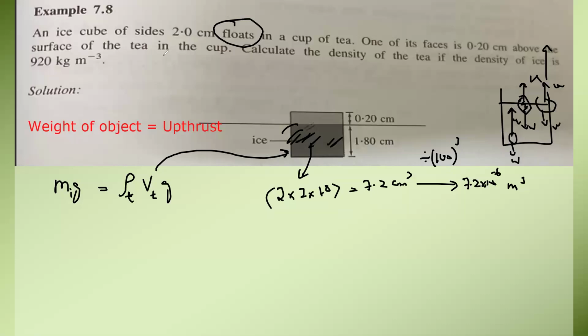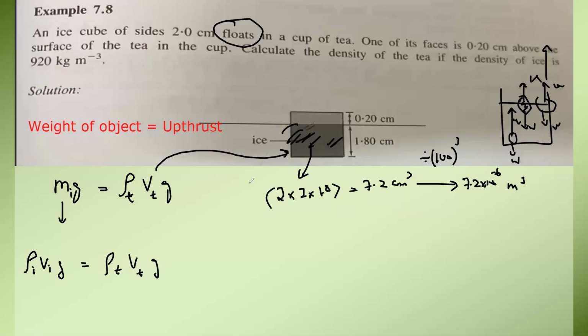So we got this. What about the mass of the ice? We don't know the mass of the ice as it's not given. So we can change this formula, since mass is density into volume. So the density of the ice, volume of the ice, into gravity will be equal to the density of the tea, volume of the tea which is displaced, into gravity.